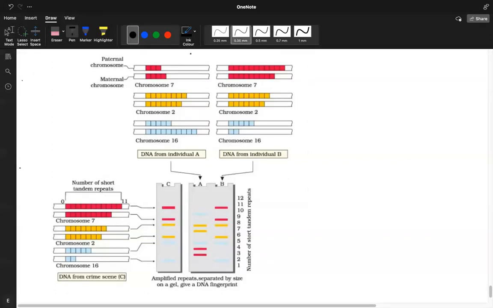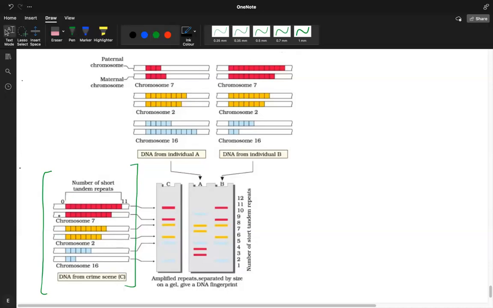Now look here. I want to focus first on this part, which I'm marking here as green. Don't go to this part. Look at this part. So this is DNA from a crime scene, they say.